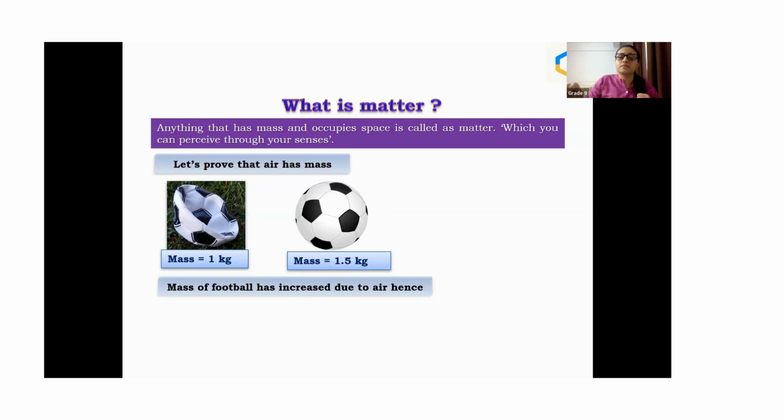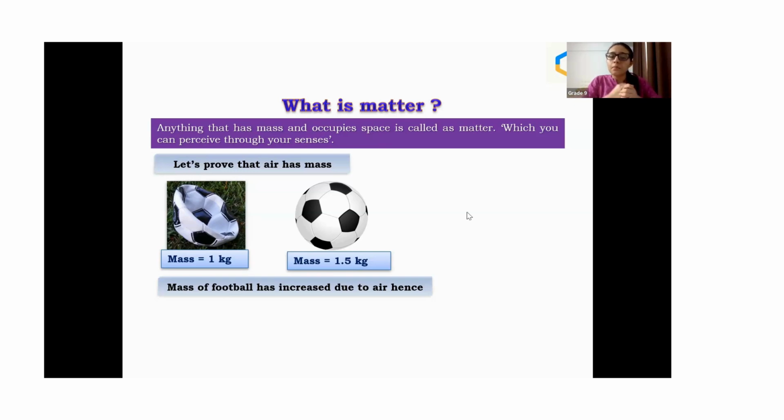Every matter has a mass. Like a balloon. Which gas is present inside the balloon? Anyone? Helium, correct.